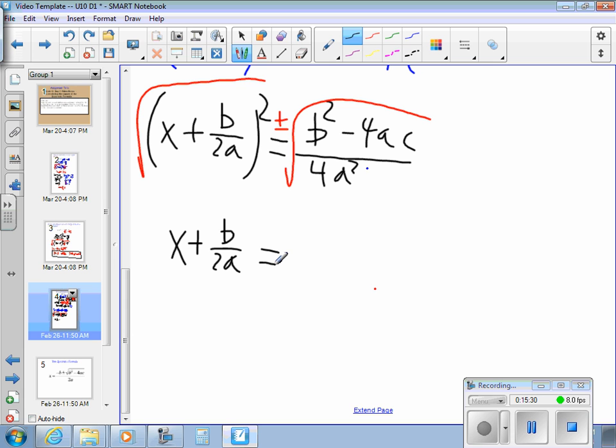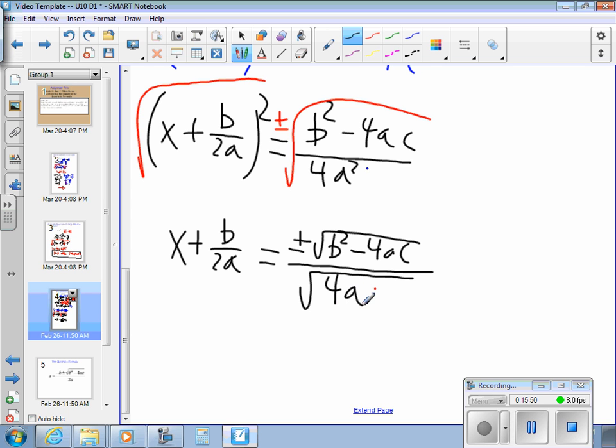And then over here, I can break this apart into plus or minus the square root of b squared minus 4ac over the square root of 4a squared. Okay, that 4a squared, that's a perfect square, so we're going to deal with that next.